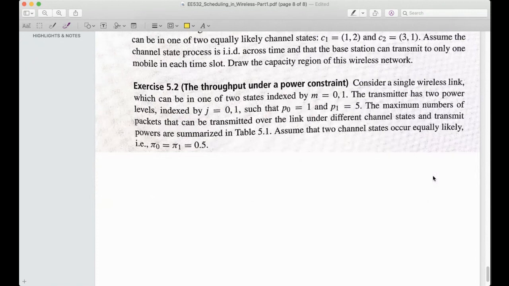I now would like to maybe switch to the whiteboard and try to draw this capacity region. Let's see.